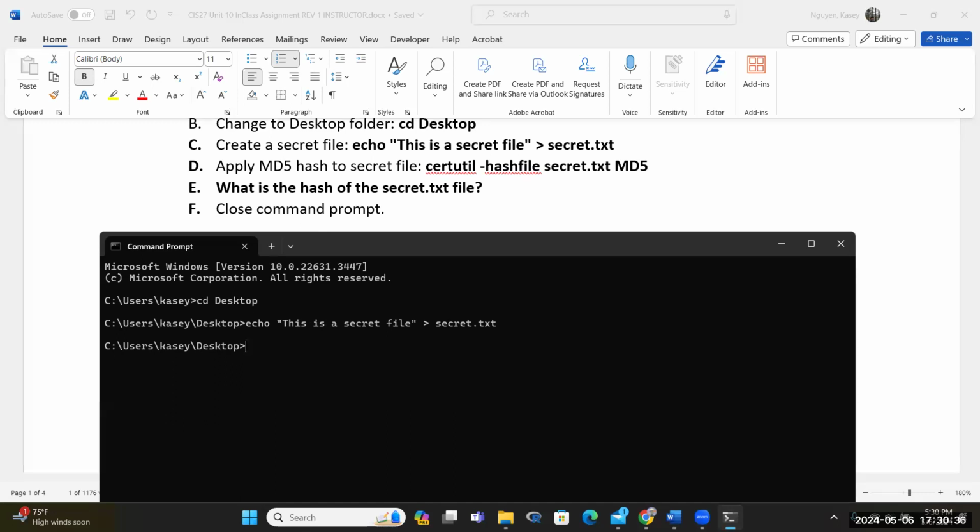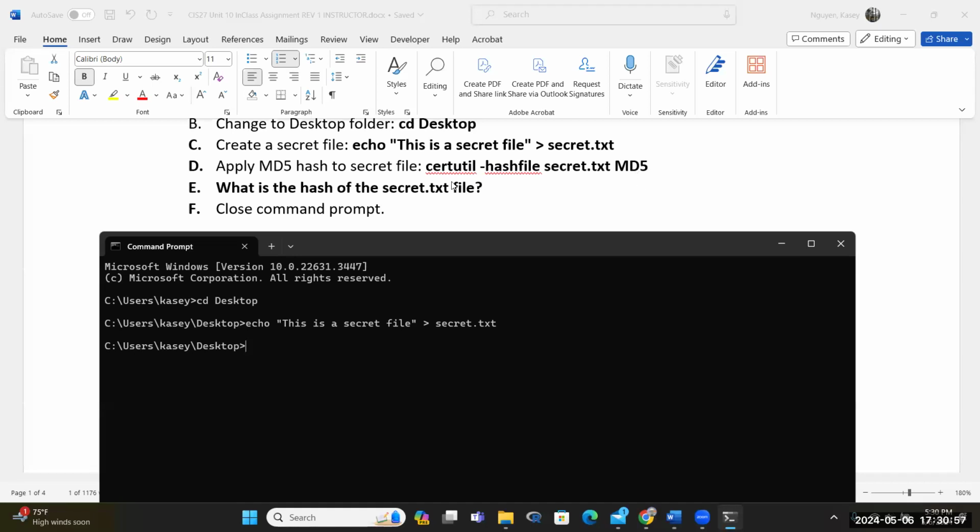Once you append it to the secret file, you are going to use a tool in Windows called certutil. That's going to generate the hash for your secret.txt, but for MD5, right?